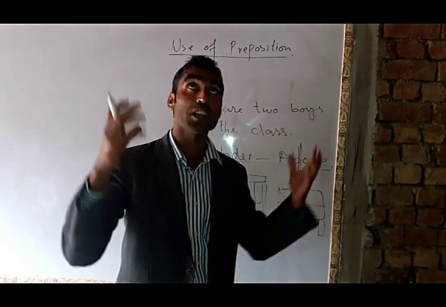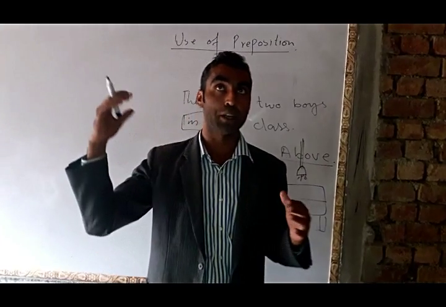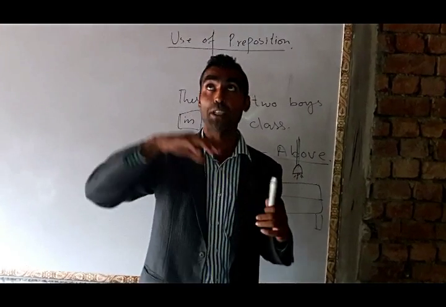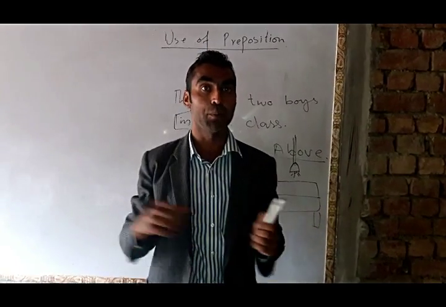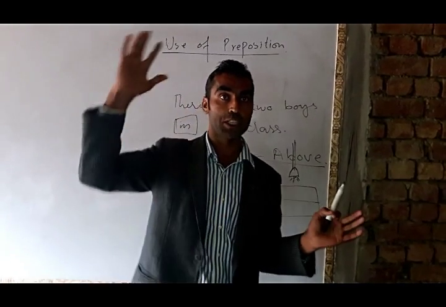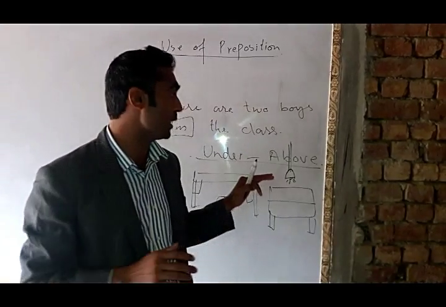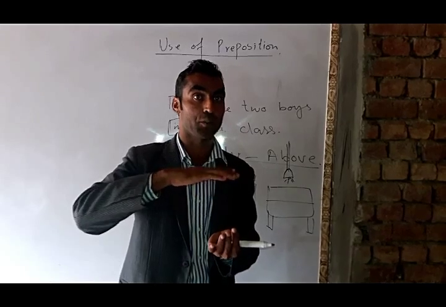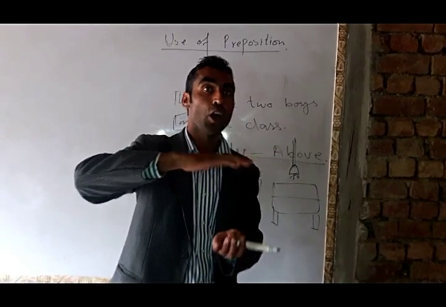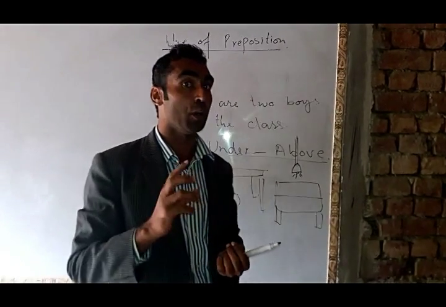Like clouds are over our heads, like an aeroplane crosses over our head, like birds flew over our heads, the birds flew over high buildings, the aeroplane went over the city. So "over" is used when there is distance and it is not touching the surface of the other thing, so you would say over.